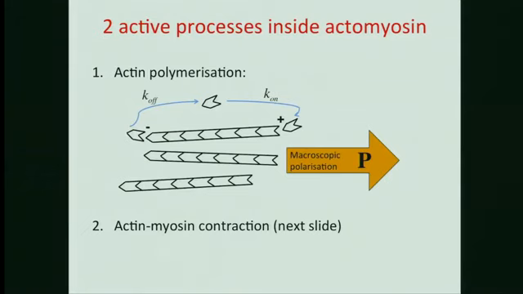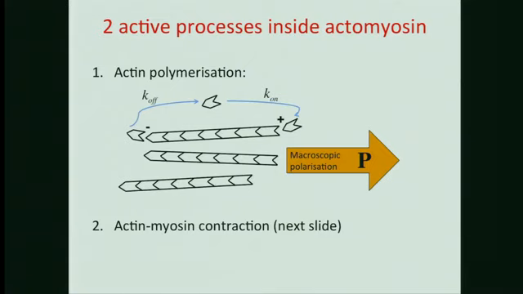To summarize, there are two active processes inside the actomyosin network. We call this type of liquid crystal an active liquid crystal because it's not in equilibrium. These two active processes force the liquid crystal out of equilibrium.